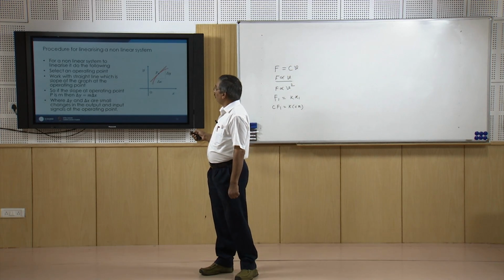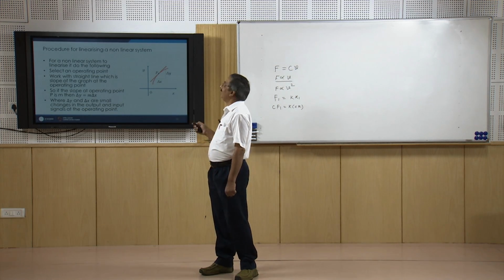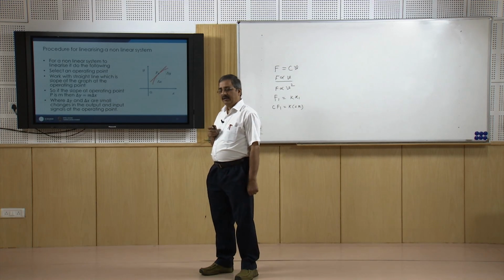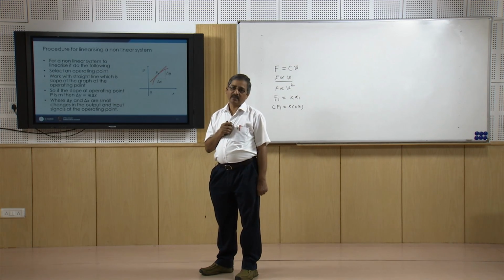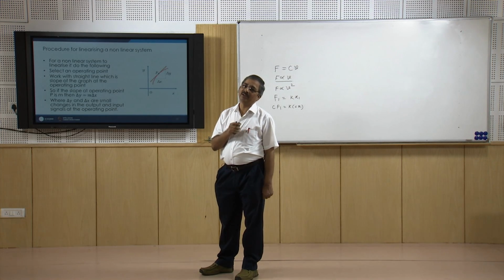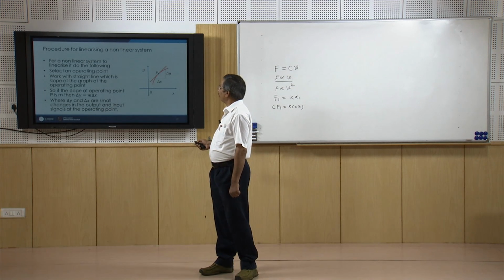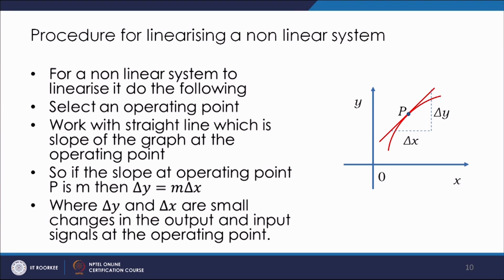So, what should be the procedure for linearizing a nonlinear system? Let us see how we actually linearize a nonlinear system. Suppose this is my output versus input curve for a system, and as you can see, it is a nonlinear curve.